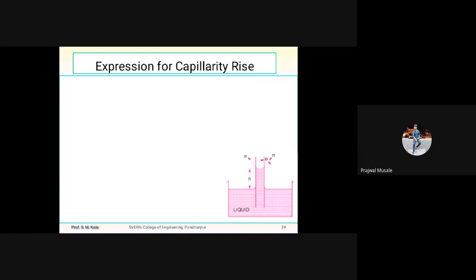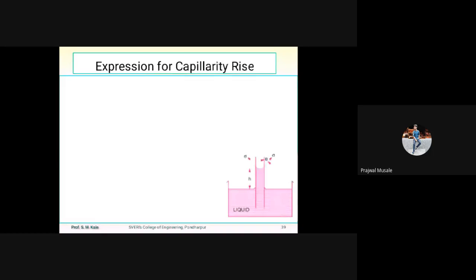Here in this picture, you clearly observe that there is one container with water as the liquid, and in that water I insert a capillary tube having diameter D. Then I observe that there is a rise of water inside the capillary tube.